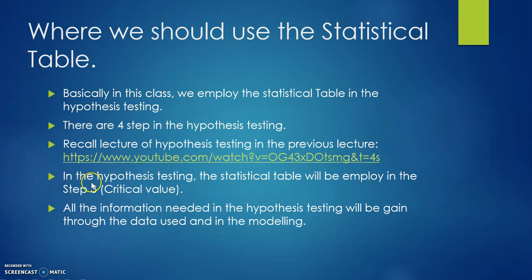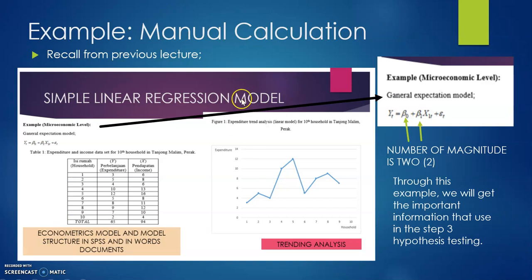Right, let's continue. In hypothesis testing, the statistical test will be employed in step 3, namely the critical value step. All the information needed in the hypothesis testing will be gained through the data used and the modeling. For example, this is the sum manual calculation.